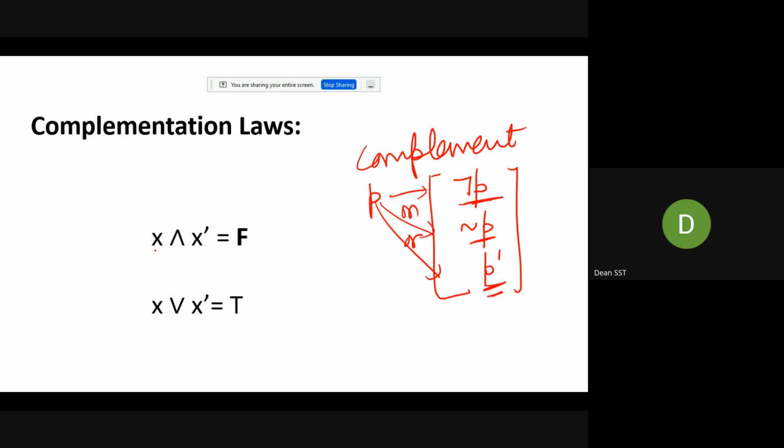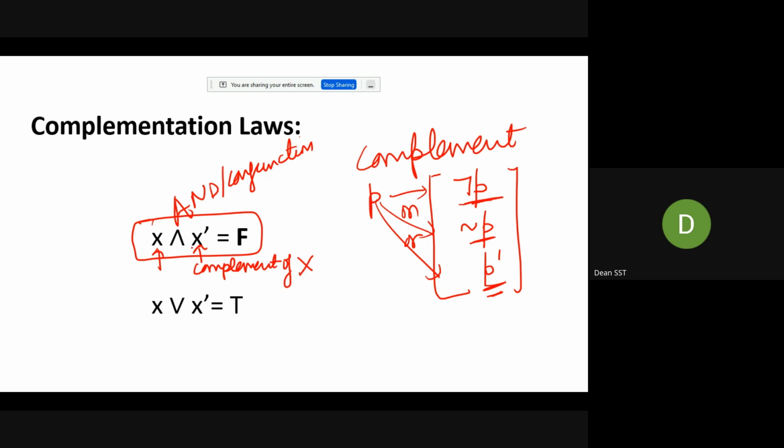Let us come back. x and, or we can say conjunction, x and x bar. X bar means the complement of x. X and the complement of x will give the false value. See, x and the complement of x is giving the false value.